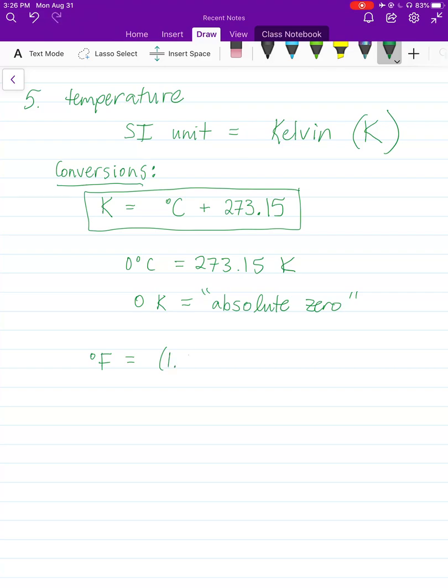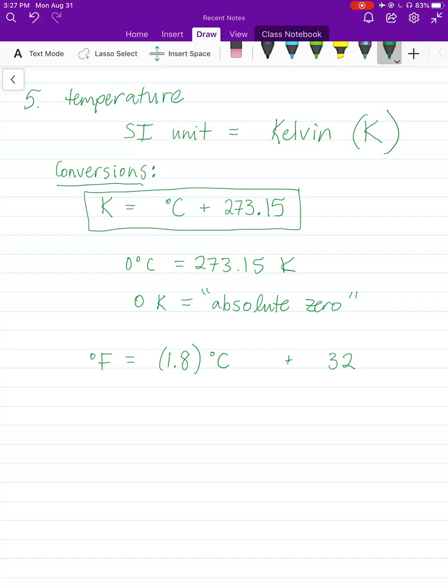If you take a factor of 1.8 and multiply it by the temperature in degrees Celsius, and then add 32 to that, that's a way of transforming a Celsius temperature into a Fahrenheit temperature. You could rearrange that equation to transform Fahrenheit into Celsius.